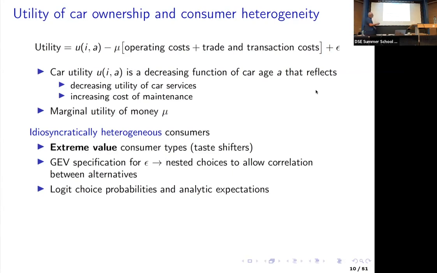And then we're going to estimate marginal utility of money and allow that to be heterogeneous across different types of consumers, different incomes. And then there's the epsilon shocks, which is going to take the role of these choice shifters. I'm going to assume here for the presentation the IID extreme value, but in the model we have a generalized extreme value and a nested logit structure.